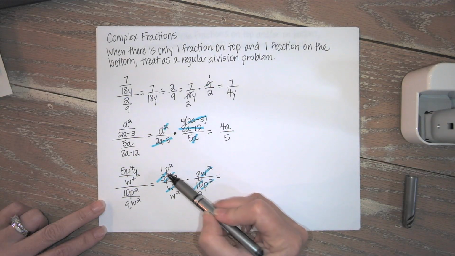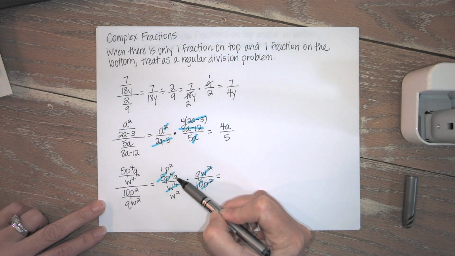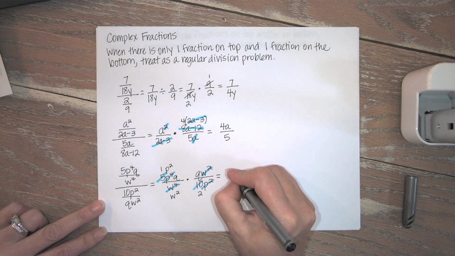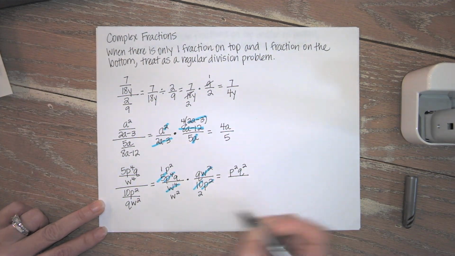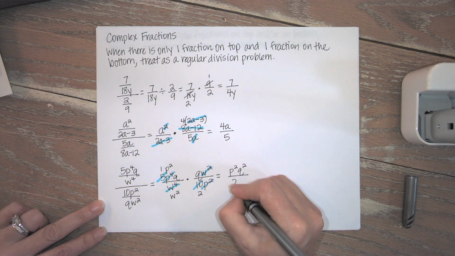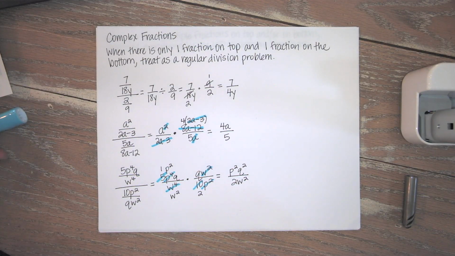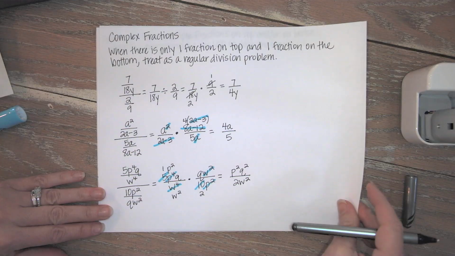On the top I have a 1, which I don't have to write, a p squared, a q, and another q there. Q times q is q squared. So on the top I have p squared, q squared. And on the bottom I have 2w squared.